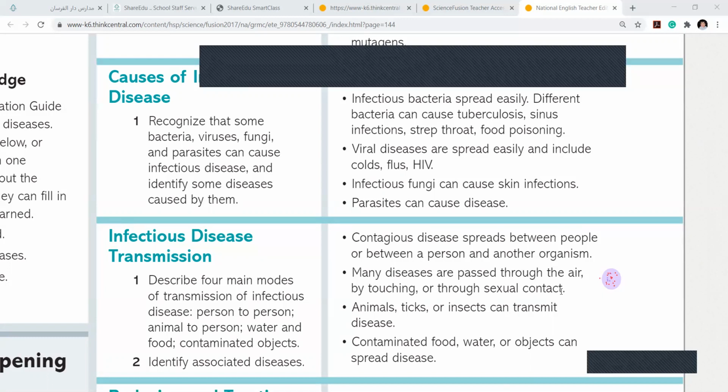How do you get it from animal to person? Insects come and bite, or you're playing with them, or you are taking care of pets, or cleaning their infected material. Contaminated food, water, or objects can spread diseases too.